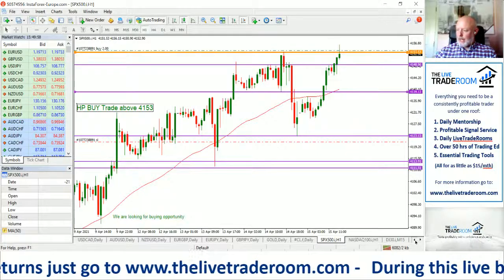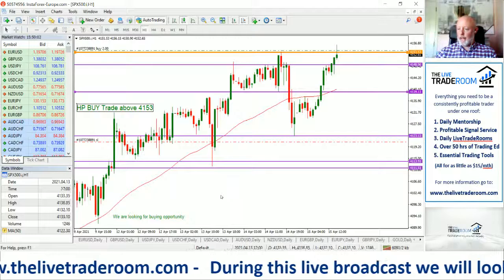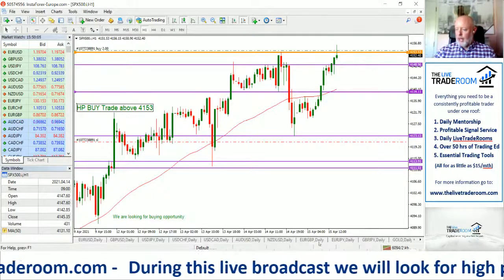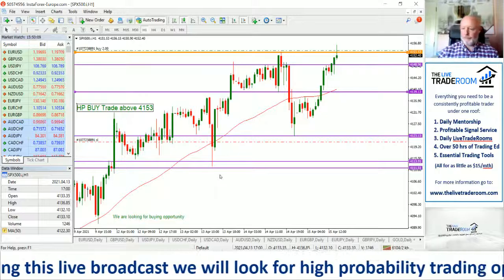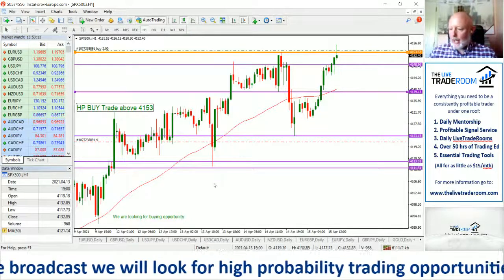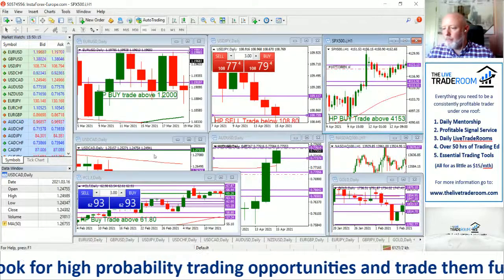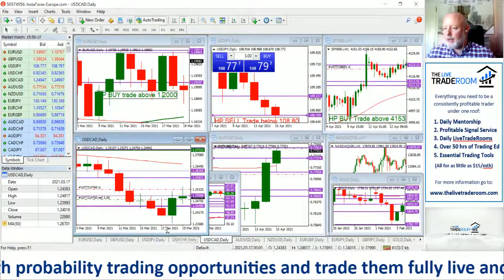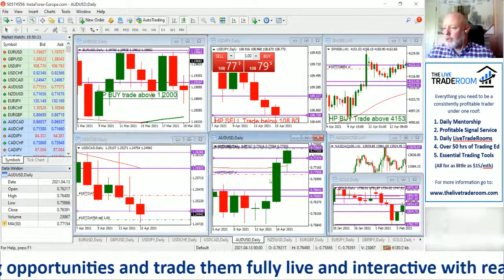So just over the next 24 hours or so, we do want to be long the equities. We want to have this risk-on aspect to these trades, and we want to be short the US dollar. I hope that makes a little bit of sense. We've got the dollar CAD to the downside. We've already got the Aussie dollar to the upside.